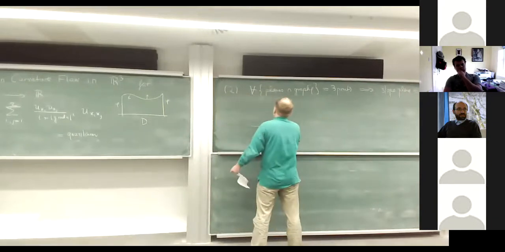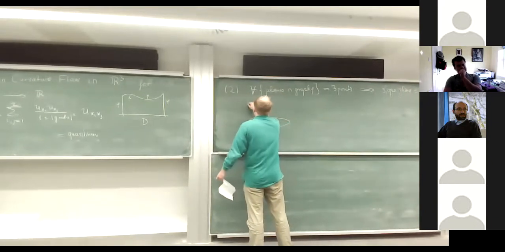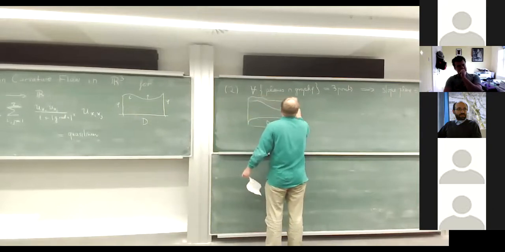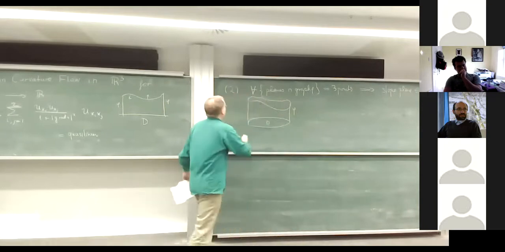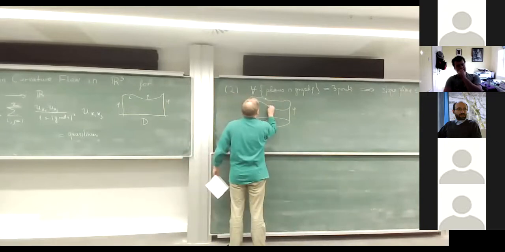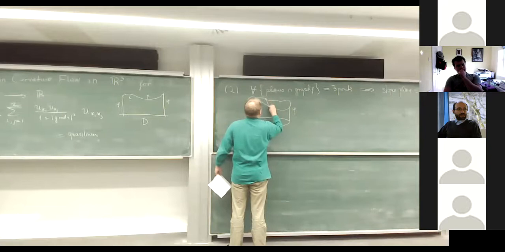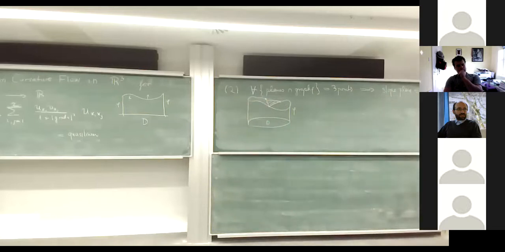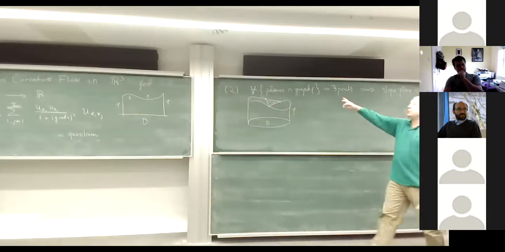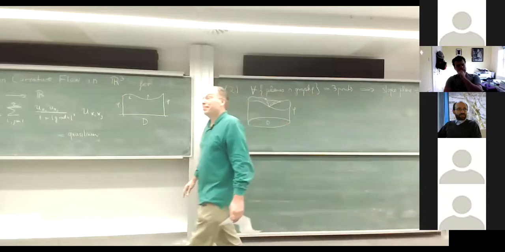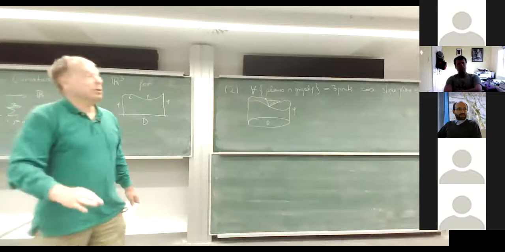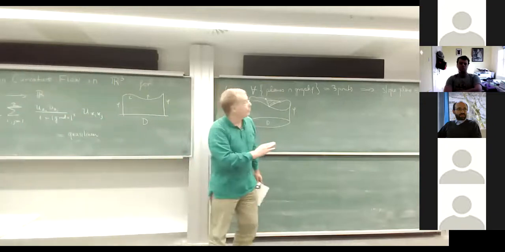For phi, any 3 points, this plane here should have slopes bounded for any choice of 3 points. So some discrete slope bound on the boundary condition. We impose that.